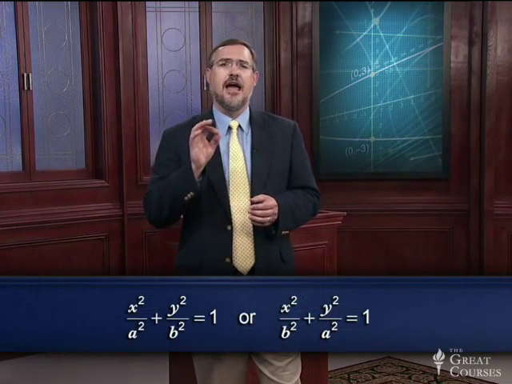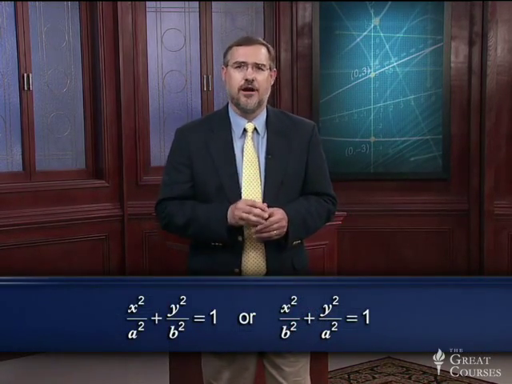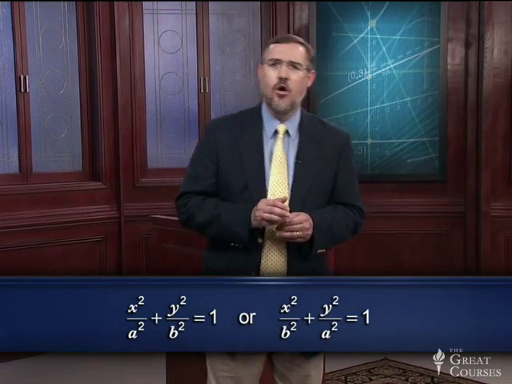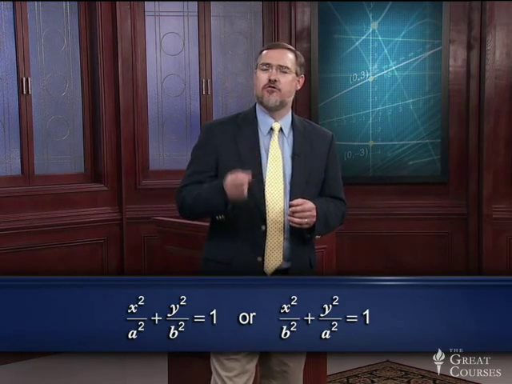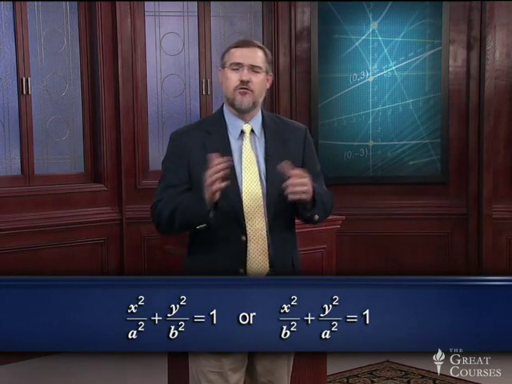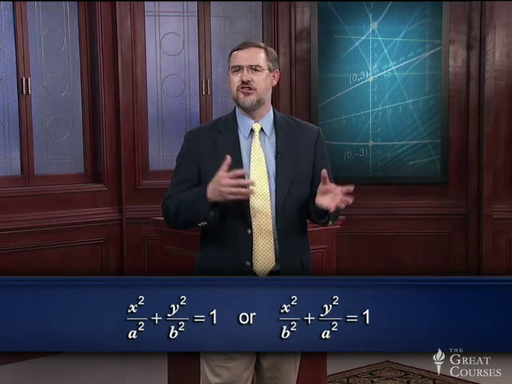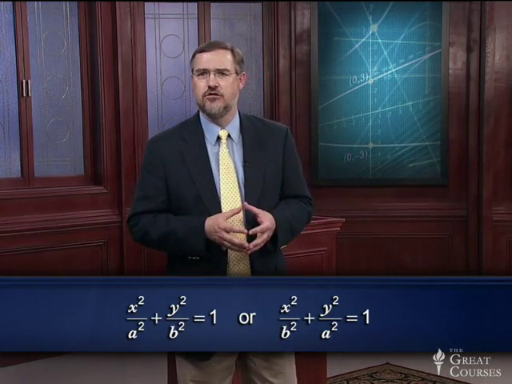The standard form of the equation of an ellipse looks like this. It's either x squared over a squared plus y squared over b squared equals 1, or x squared over b squared plus y squared over a squared equals 1, where a and b are just some non-zero real numbers.